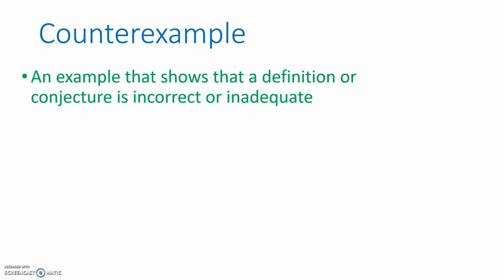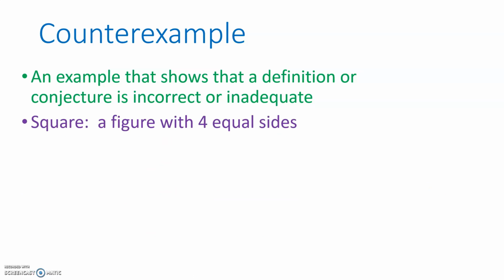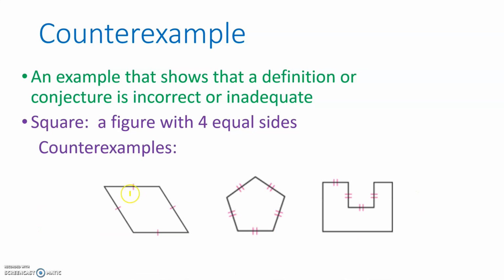So, for example, if I say a square is a figure with four equal sides, okay, some people would say, yeah, that's true, but look, here are some counterexamples. This figure has four equal sides, but it is not a square. This one has four equal sides, but it's not a square. This one has four equal sides, but it is not a square.